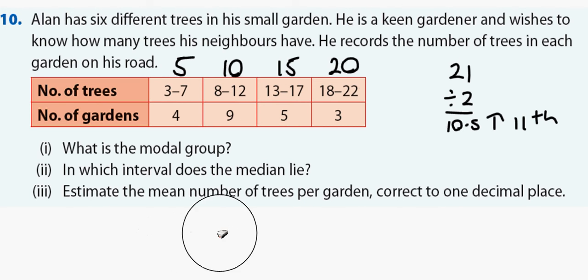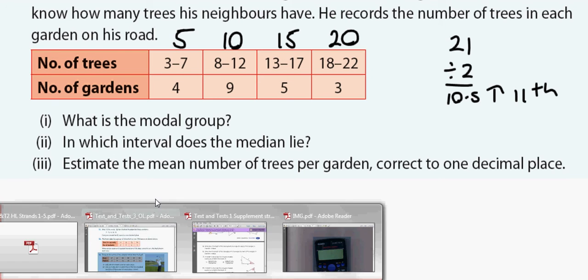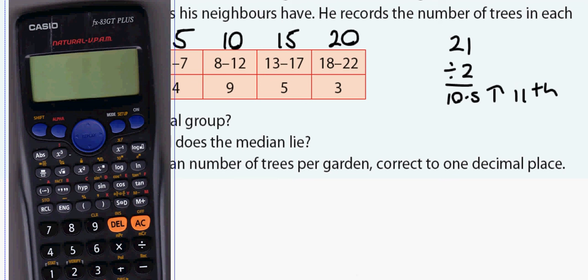Okay, so what we'll do is you have a frequency table again, so you can just go into your calculator again, which is here, okay, and we'll just bring it over for a second.